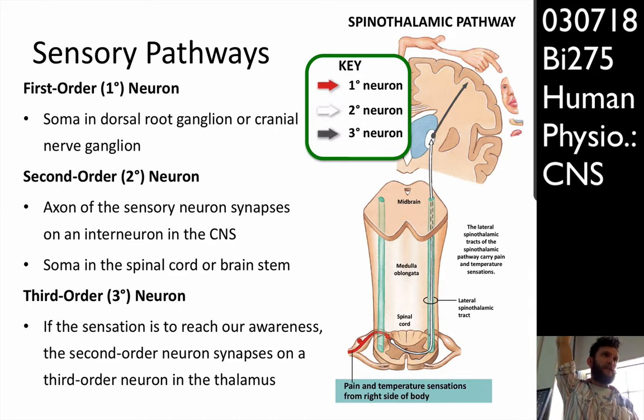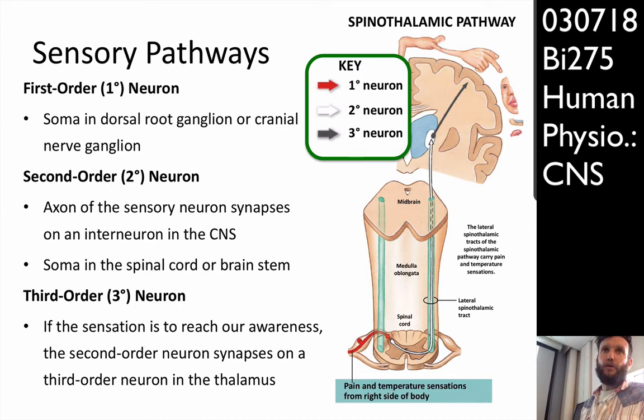It ascends to the thalamus, where it's going to synapse on the third order neuron, only if that sensation is one that's going to register in the brain, that you're going to be aware of. If it doesn't synapse in the thalamus, you don't know it happened. So tumors or strokes or some kind of lesion in the thalamus can be pretty disorienting and disruptive to that person.